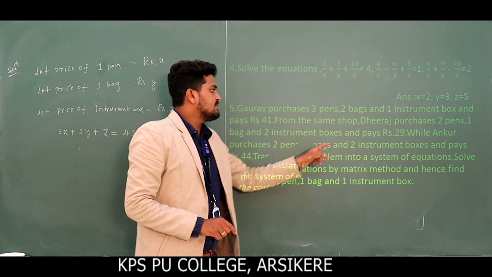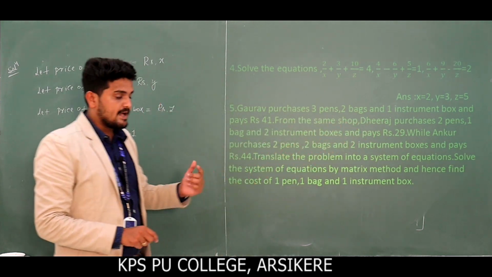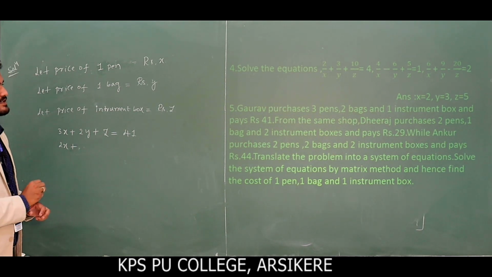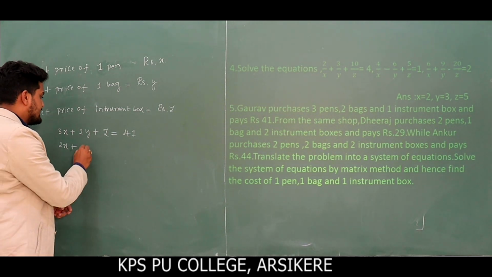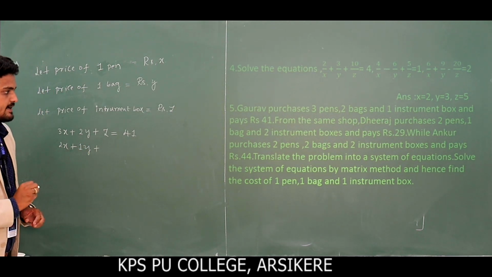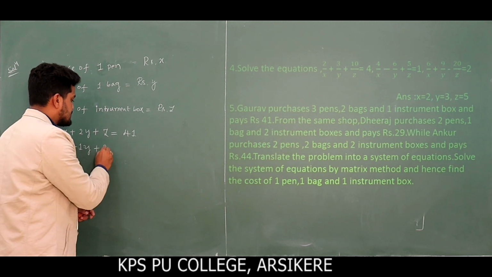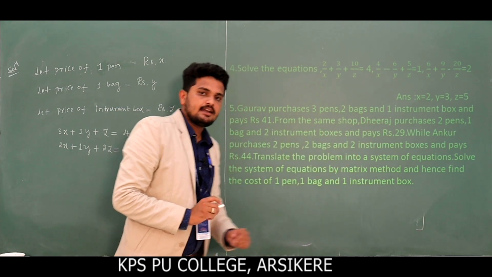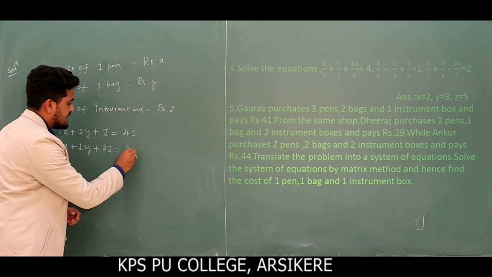In the same shop, Dheeraj purchases 2 pens, so 2x plus 1 bag, y, plus 2 instrument boxes, 2z. Total amount 29 rupees. So 29.